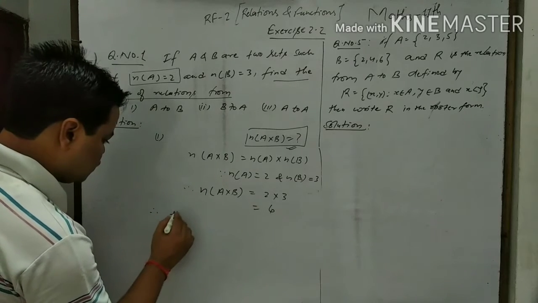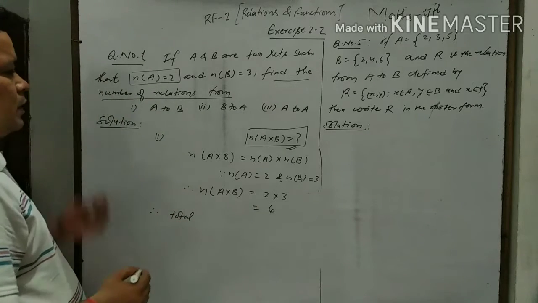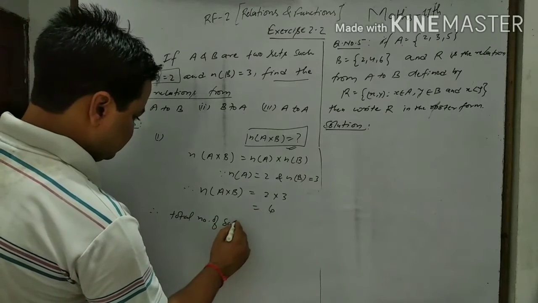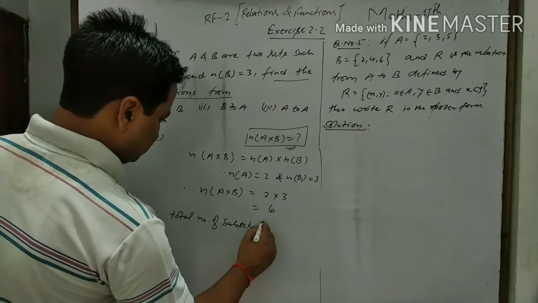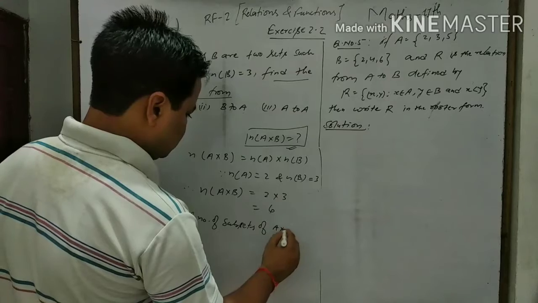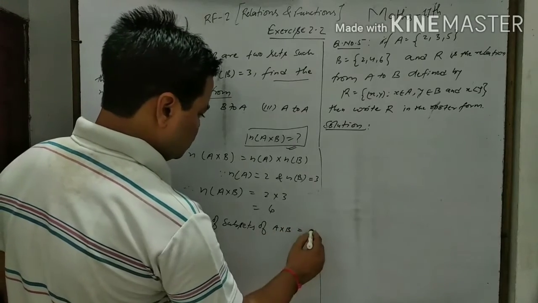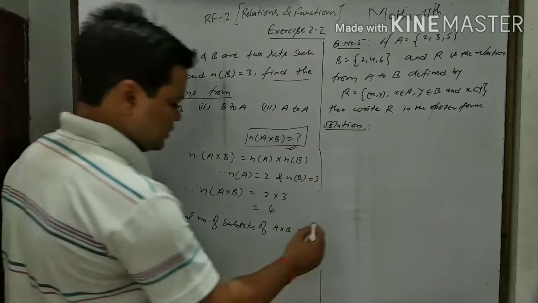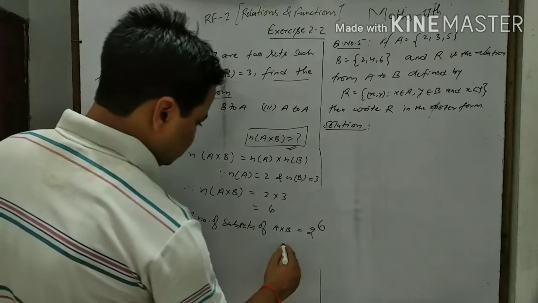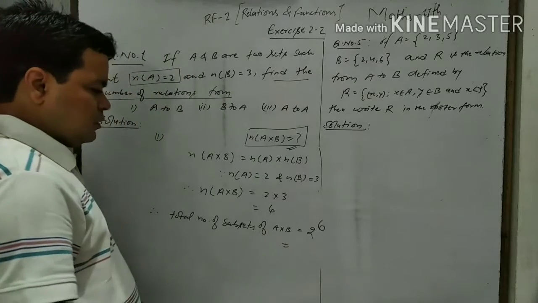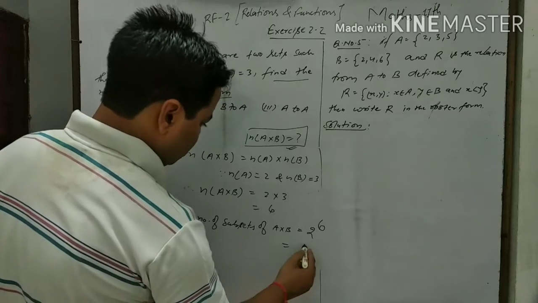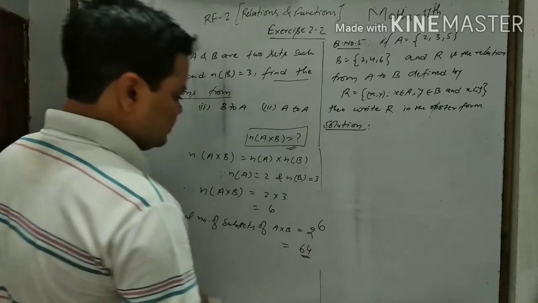Therefore the total number of subsets of A cross B is equal to 2 to the power 6, which means we have to multiply 2 six times, and its value will be 64.